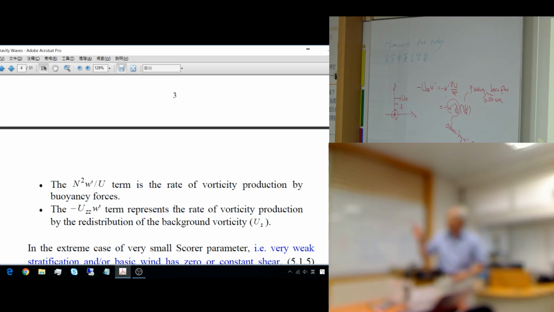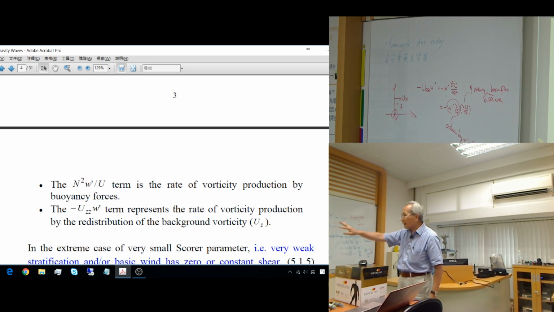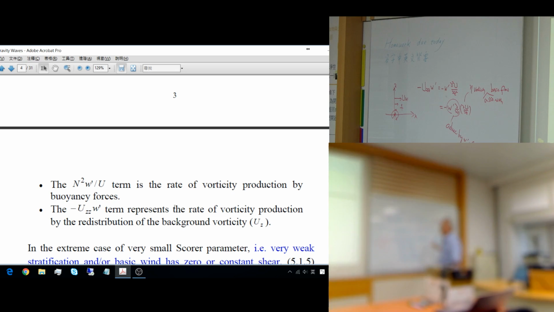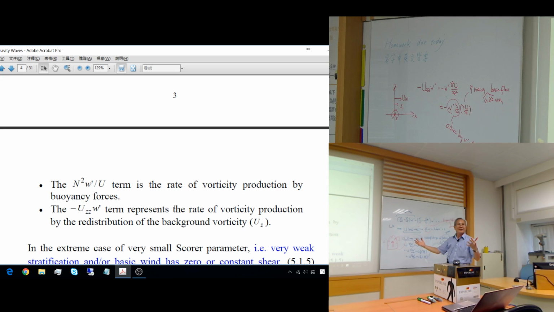So now if you look at this simple equation, and you interpret it this way, then you have a pretty good understanding of what's going on. So that's basically its vorticity equation. Basically this is the vorticity equation, it's just written in a way you cannot see it.